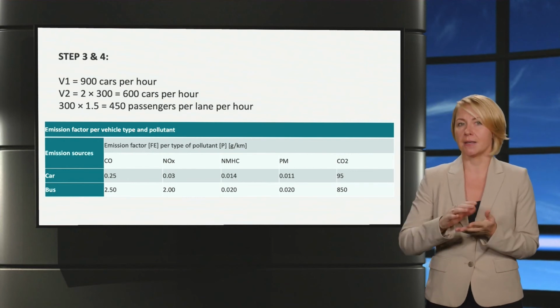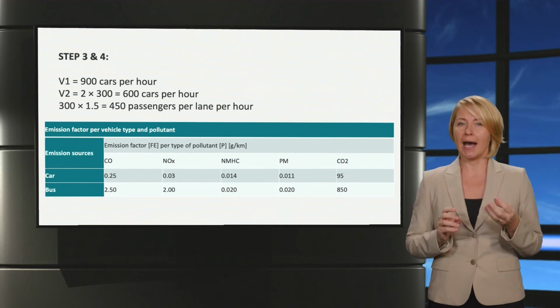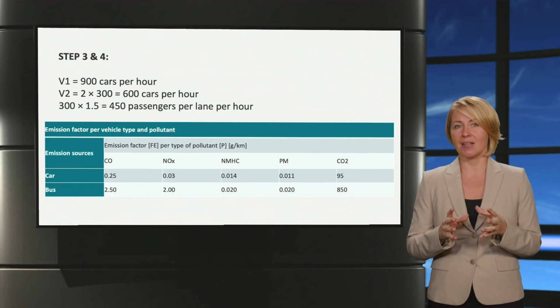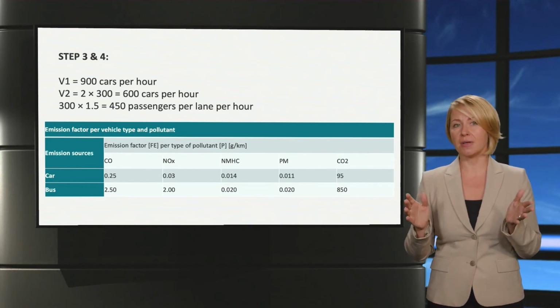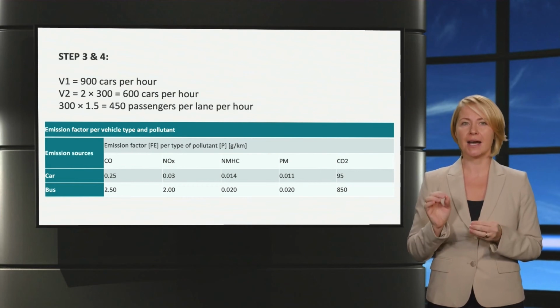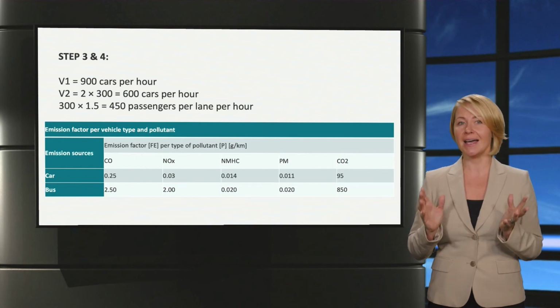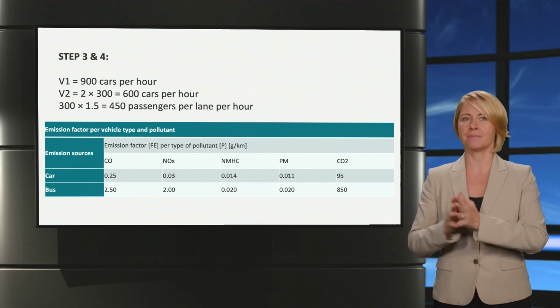Because we expect mode shift due to the bus lane, we have to see how many people will switch. As we recall the assumption stating that all passengers in that lane will switch to the bus, we calculate the number of passengers per lane by multiplying 300 by an average of 1.5 passengers per vehicle and arrive at 450 passengers per lane per hour.